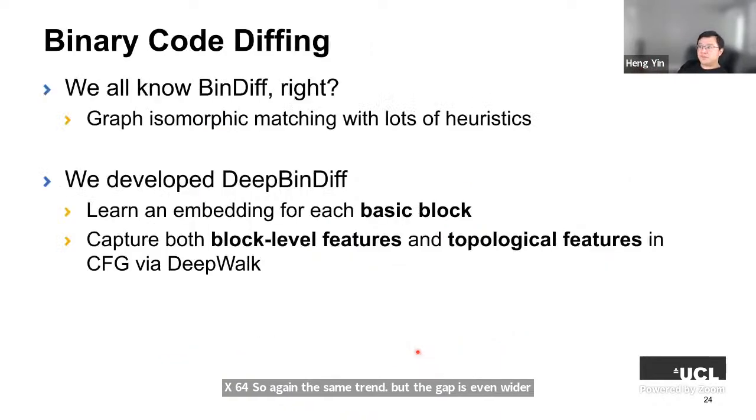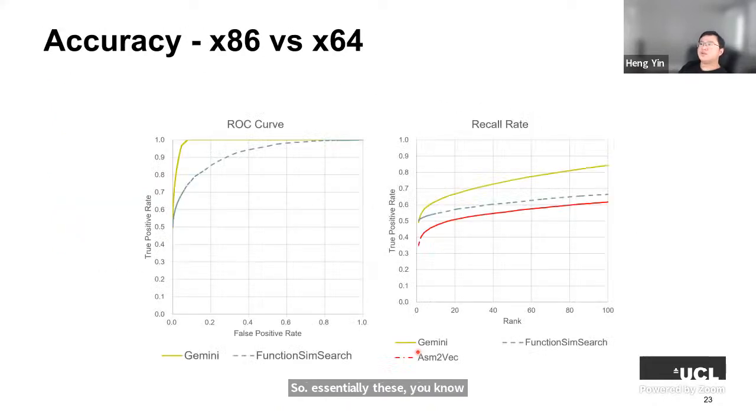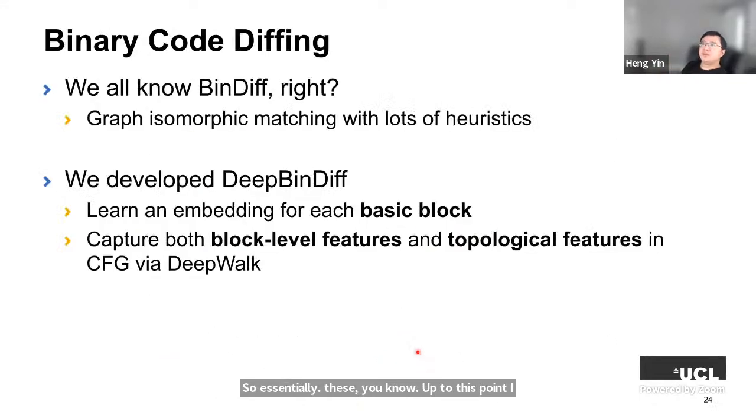So essentially, up to this point, I showed you our efforts on the function embedding. After that, we were thinking, what about a finer granularity embedding, which is basic block embedding, and the driving application is binary code diffing, right?